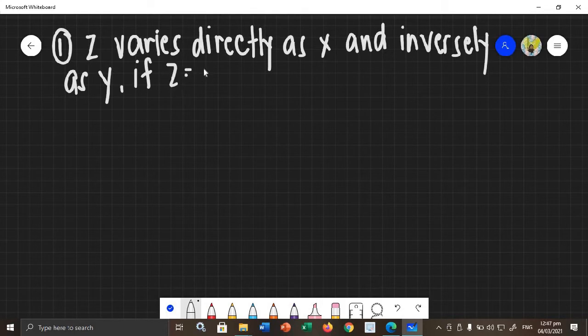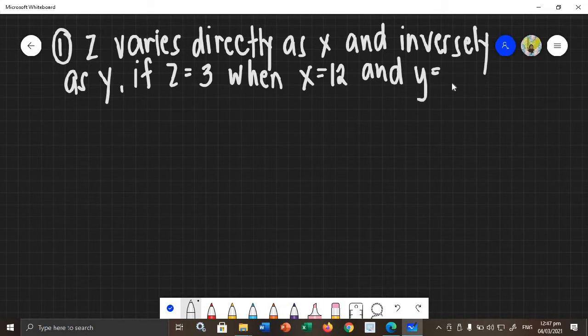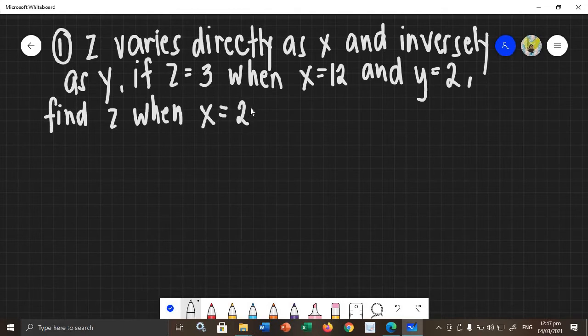If z is equal to 3 when x is equal to 12 and y is equal to 2, we are going to find the value of z when x is equal to 20 and y is equal to 5.